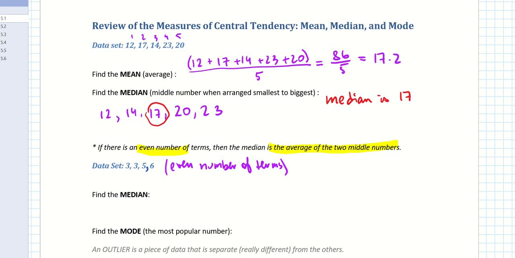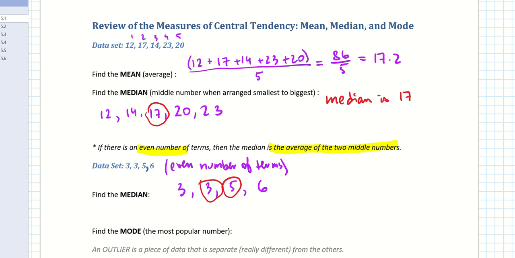To find the median, again, first step is to arrange it from lowest to highest or from highest to lowest, which is already done for us in this case. So if I write it again here, we get 3, 3, 5, and 6. So if you look, the 2 numbers that appear in the middle are going to be the 3 and the 5.